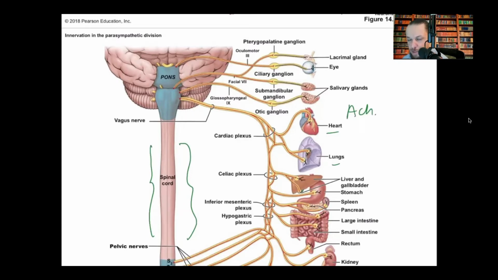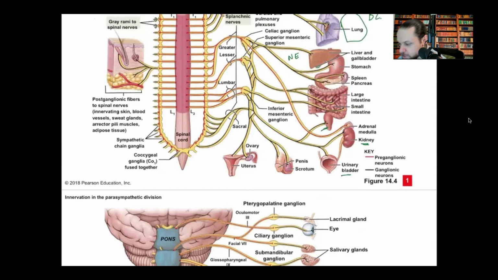It's going to slow down the heart rate. It's going to increase secretions. That's why in a setting of asthma, you're going to learn the combivent treatment. We give albuterol and we give ipratropium. It's like a combo system. The albuterol is a beta2 agonist.